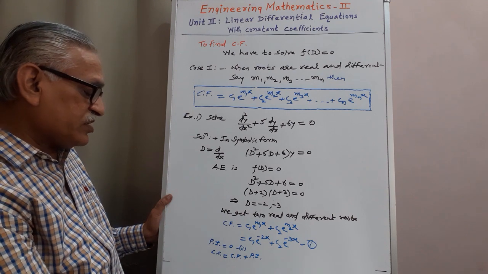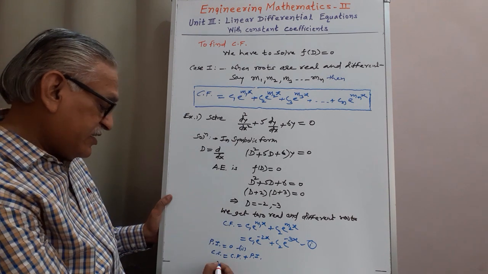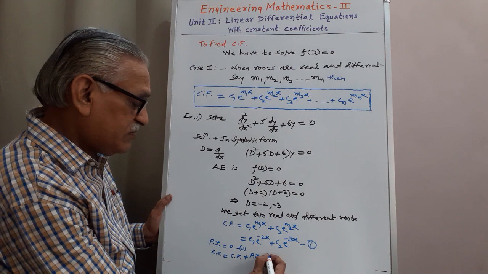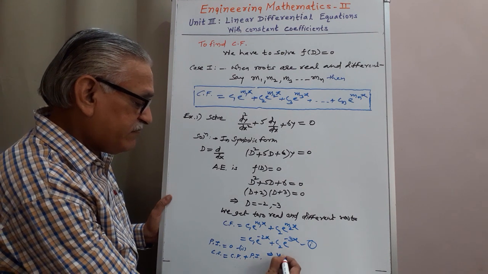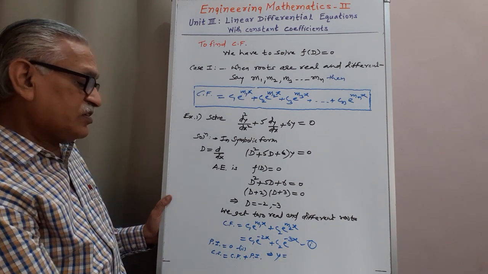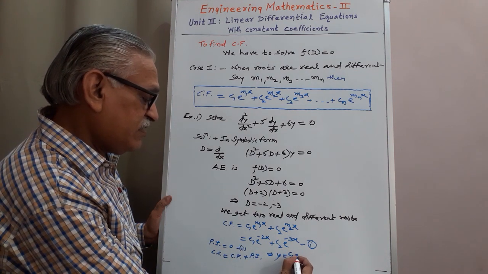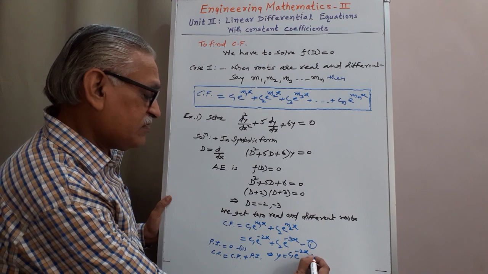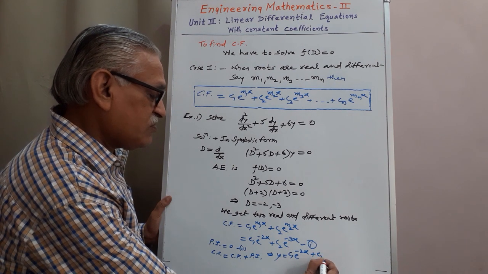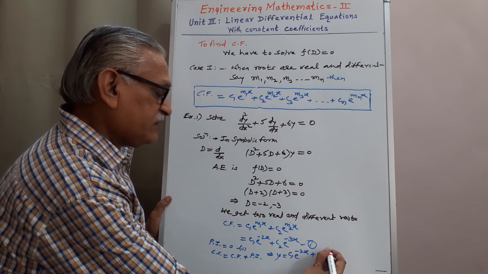And that complete solution is for the dependent variable. Here that dependent variable is y is equal to c1 e raised to minus 2x plus c2 e raised to minus 3x.